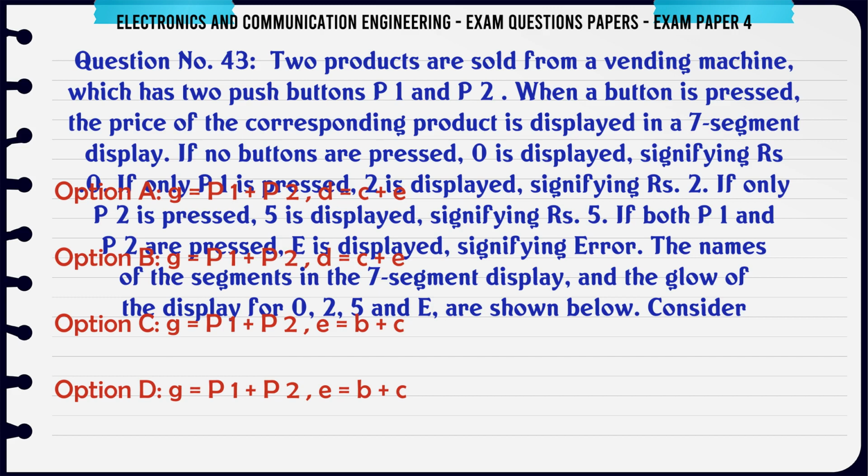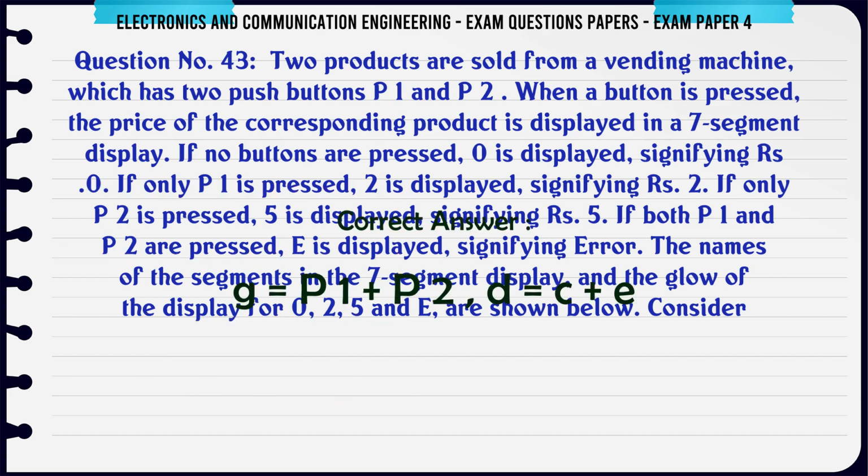If both P1 and P2 are pressed, E is displayed, signifying error. The names of the segments in the 7-segment display and the glow of the display for 0 to 5 and E are shown below. Consider: A. G, P1 P2 DCE. B. G, P1 P2 DCE. C. G, P1 P2 EBC. D. G, P1 P2 EBC. The correct answer is G, P1 P2 DCE.